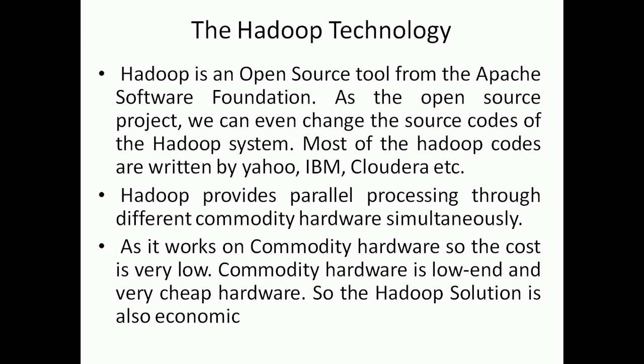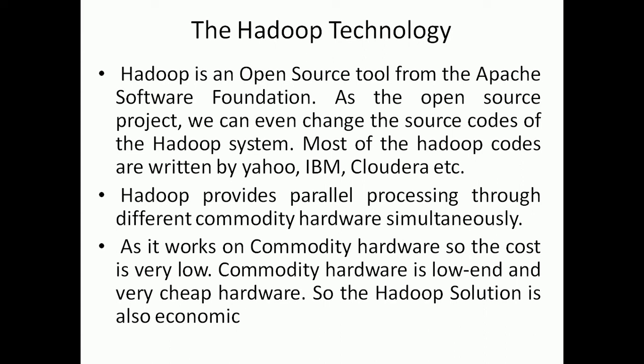Hadoop provides parallel processing through different commodity hardware simultaneously. That means through this distributed environment, it assigns the task to each node or computer and gets the result, so everything is done in parallel. As it works on commodity hardware, the cost is very low.